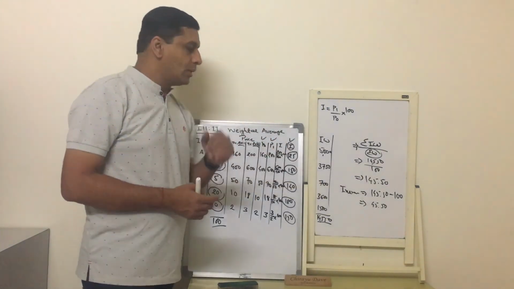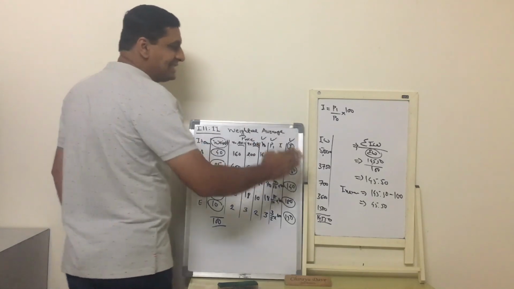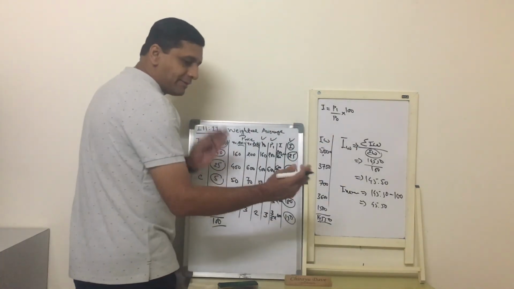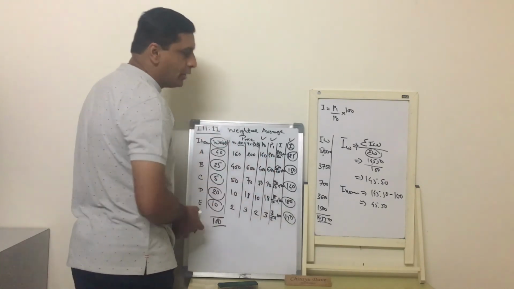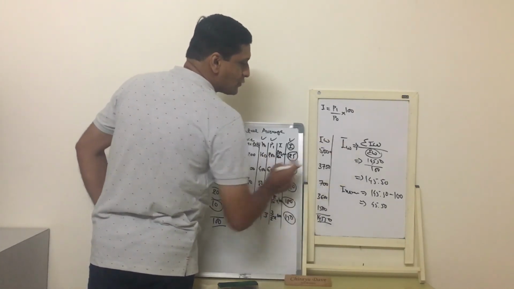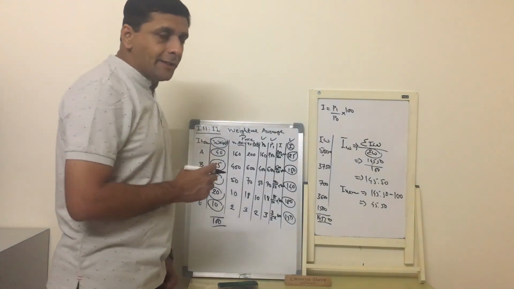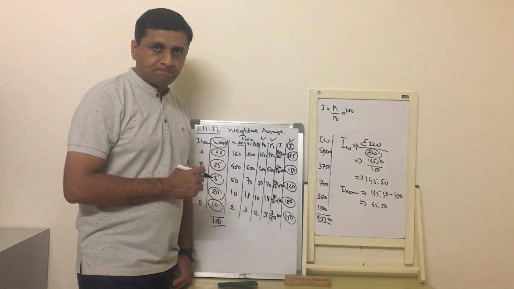Are you getting? So this is nothing but the index number with weight. Normally we call it I small w. This is your index numbers with weight. Make sure this method is also known by two other names.